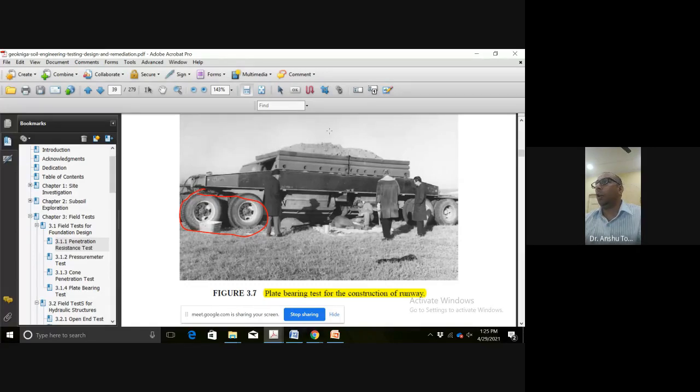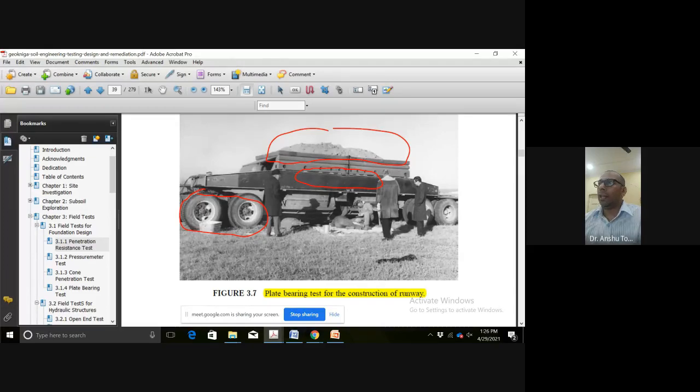Now here the loading is being put in the form of sand, not using any other sacks. And we have a steel girder arrangement here.